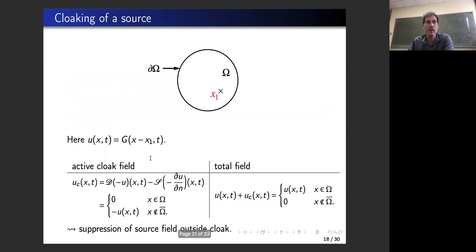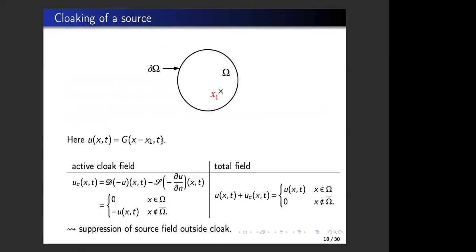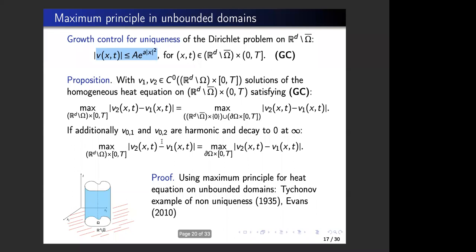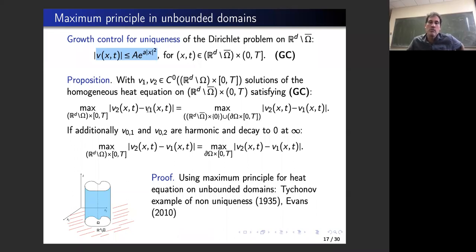All right. Anyway, why is there an error? Why is there a difference between V1 and V2? V1 and V2 are just two solutions to the homogeneous heat equation.